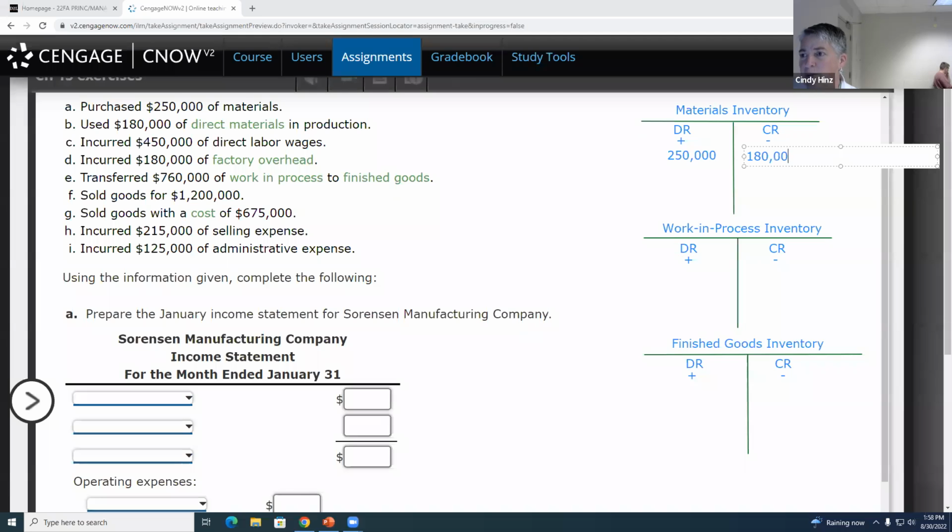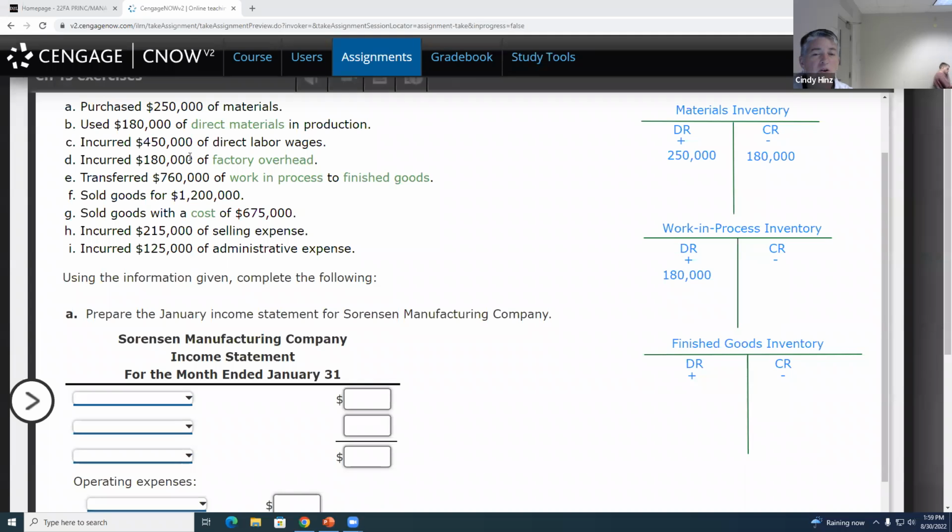We move it out of the materials inventory and into work in process. So we debit 180,000 to the work in process inventory, because we're adding it there. We're crediting the materials inventory because we no longer have it sitting in our warehouse. It's now out on the production floor.